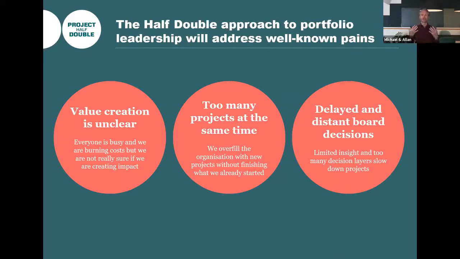So we will have to wait for decisions from the overall portfolio board. And then when we meet this portfolio board, they would usually have a limited insight into the specific projects. So there might be too many decision layers from the project to the portfolio. And that delays the whole decision making. So these are some of the issues that we face out there.